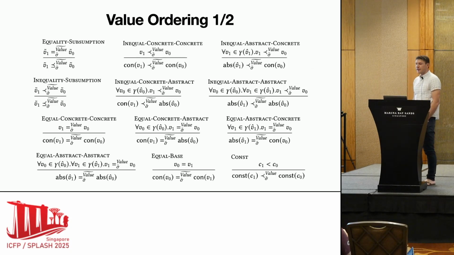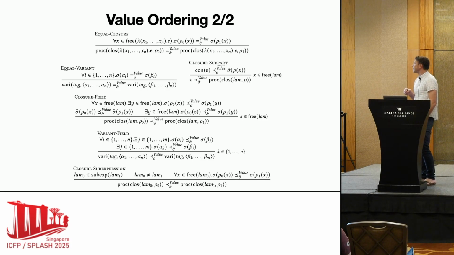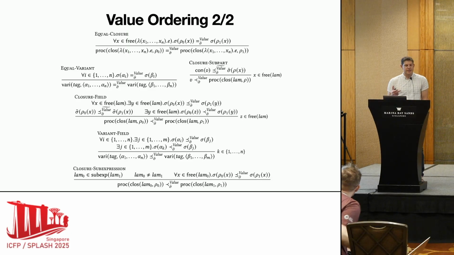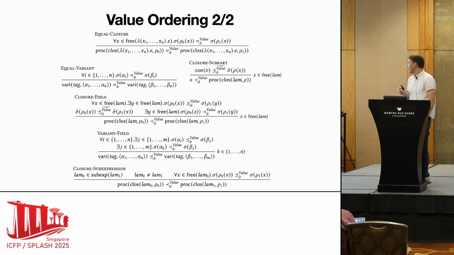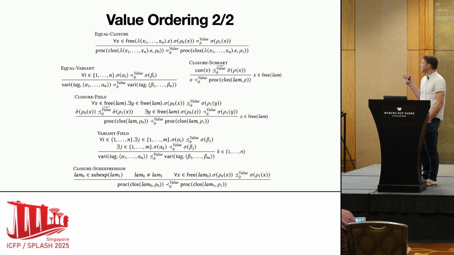I want to talk a little bit about the value ordering we use for size change. I'm going to go to the second slide first. The language that we use is essentially ML. It's got functions, data, and structural mutation. The ordering we use on functions and data, let's talk about functions first. They're standard off-the-shelf orderings.